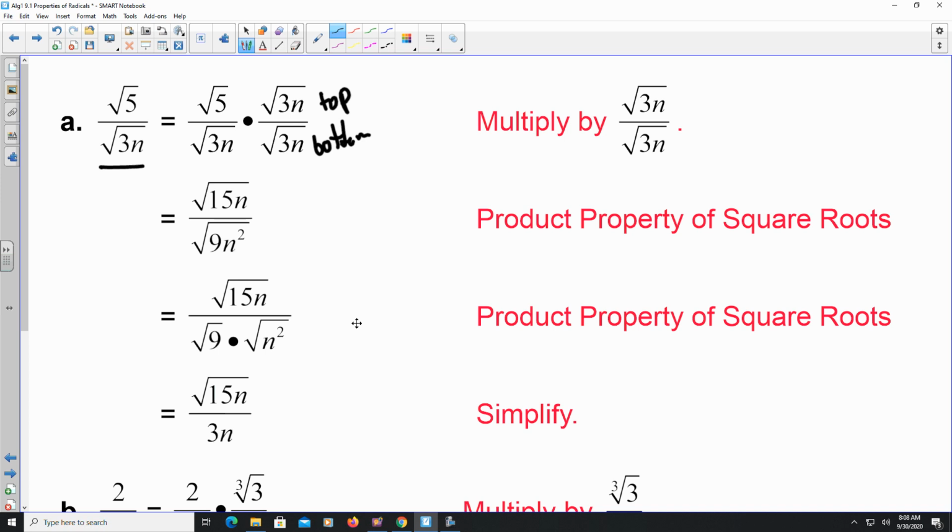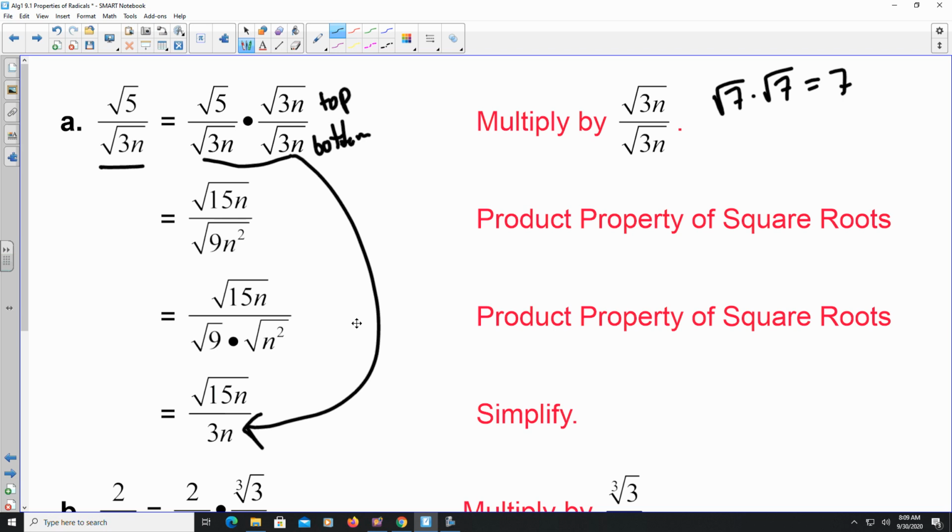And what that is going to do is the square root of 3n times the square root of 3n is just going to be 3n. It's going to be the same value. It works for every situation. Square root of 7 times square root of 7 equals 7. Square root of 5x times square root of 5x is just going to equal 5x.